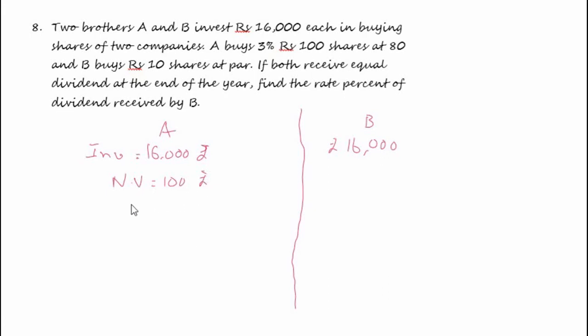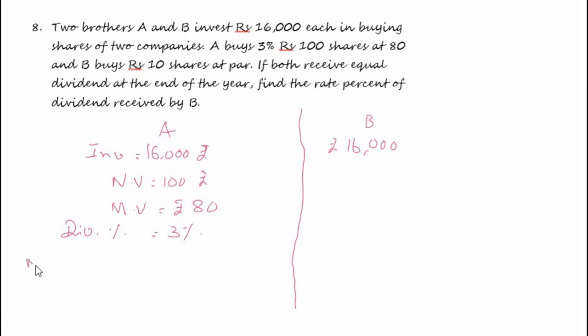So market value is rupees 80. So dividend percentage is just 3%. So he buys at rupees 80, invests 16,000 rupees.